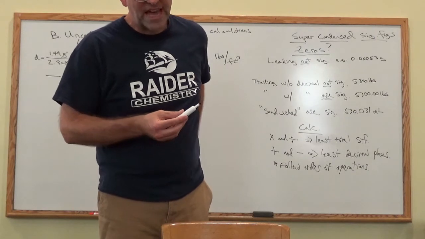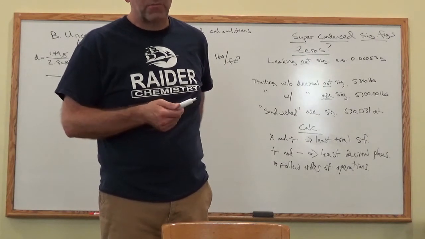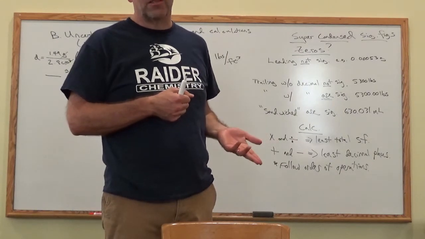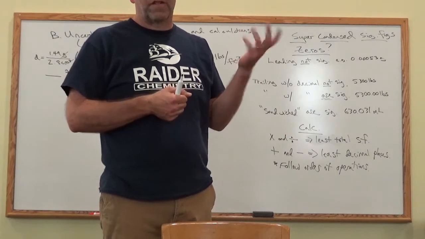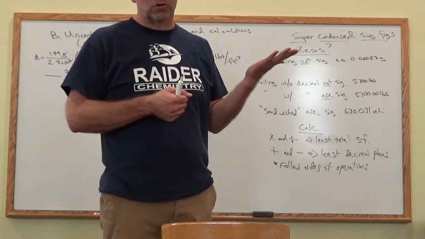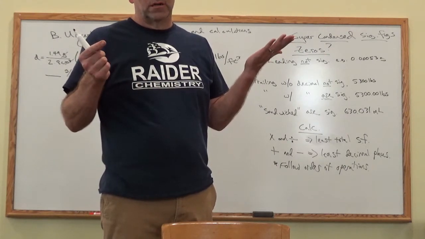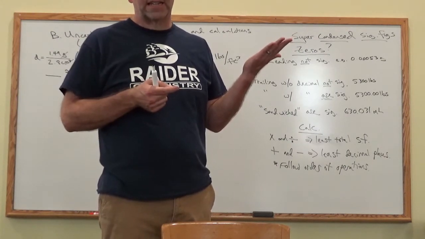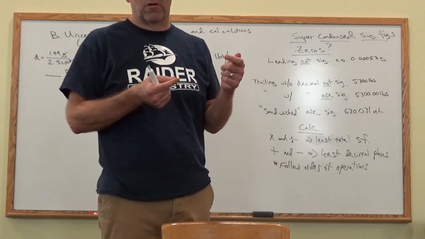From the periodic table, a mole of gold has 196.97 grams. I think you can do that one, but that's something we're going to talk about later. So if you have 5.6 grams of gold, you would divide that by 196.97, and that'll give you how many moles of gold there are.